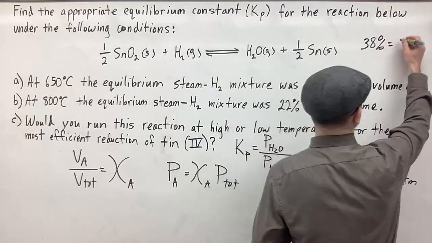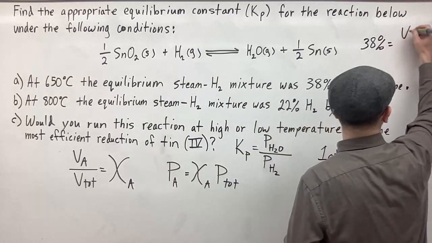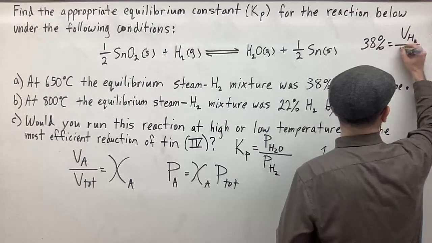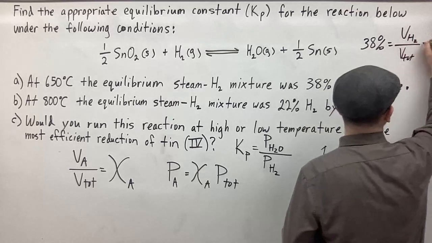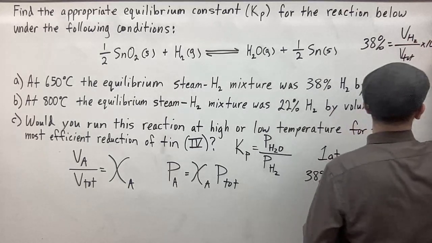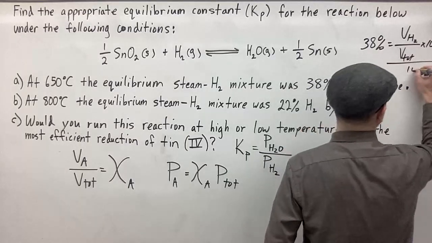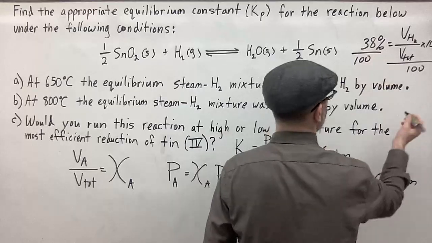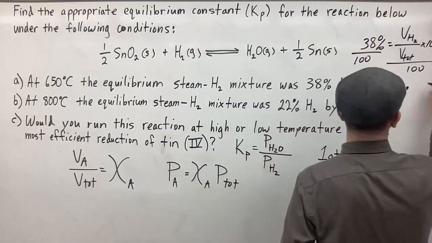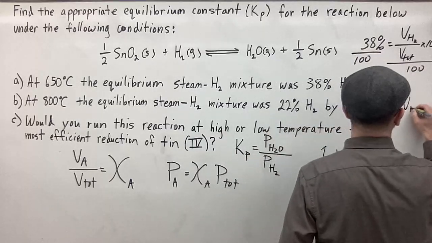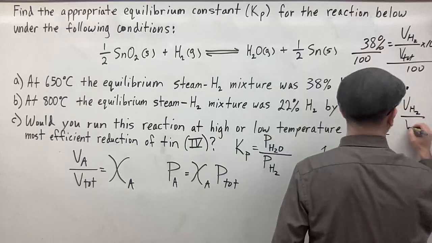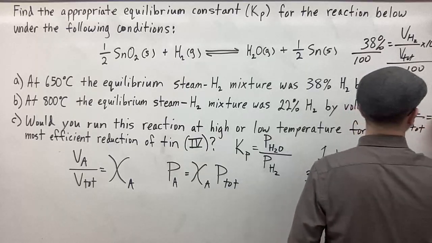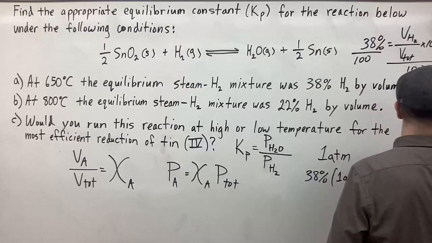Well, that's going to be equal to the volume ratio, the volume of H2 over the total volume multiplied by 100. Well, if I just divide by 100, then I get the ratio here, the volume of H2 over volume total is equal to 0.38.